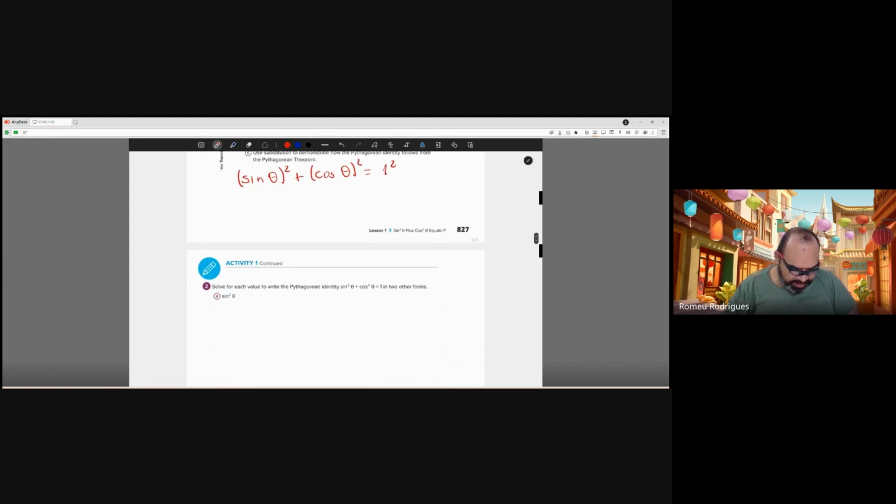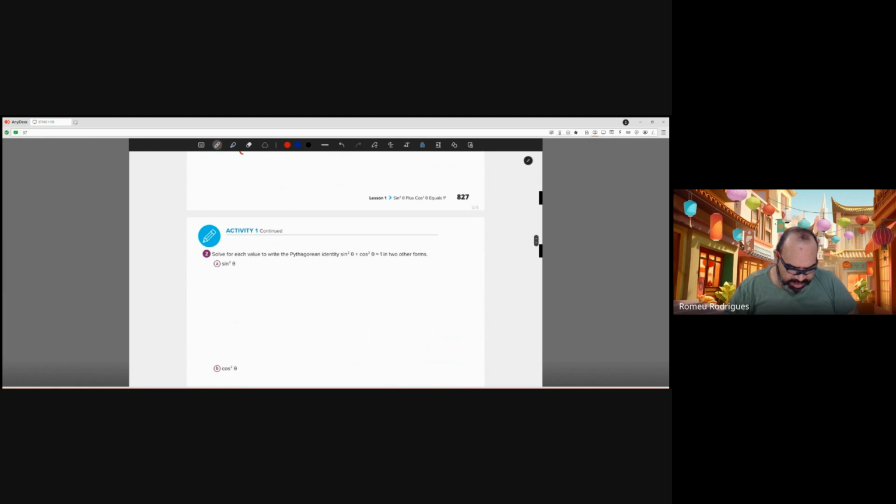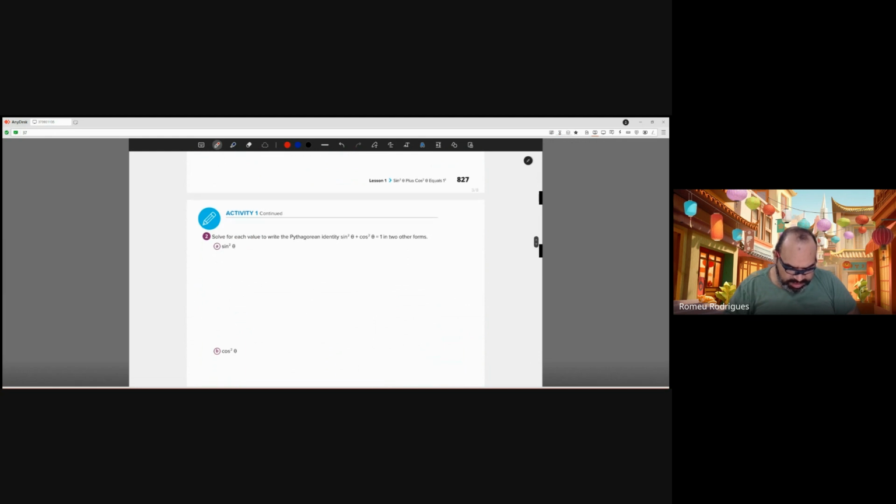So for each value, write the Pythagorean identity sine squared theta plus cosine squared theta equals 1 in two other forms. To solve for sine squared, guys, we need to subtract cosine squared, the opposite of adding cosine squared.